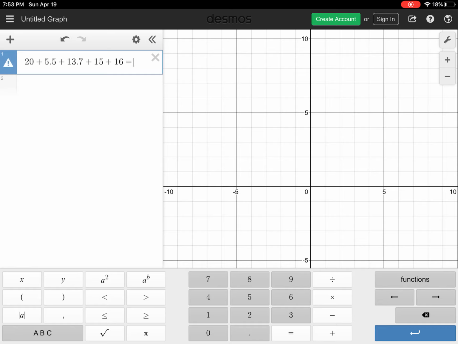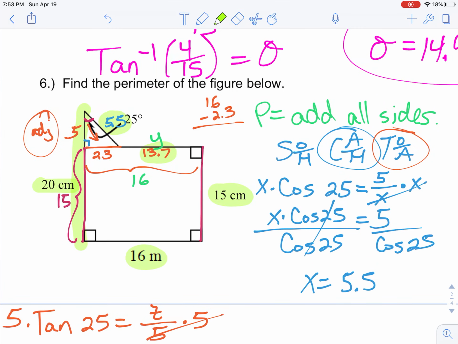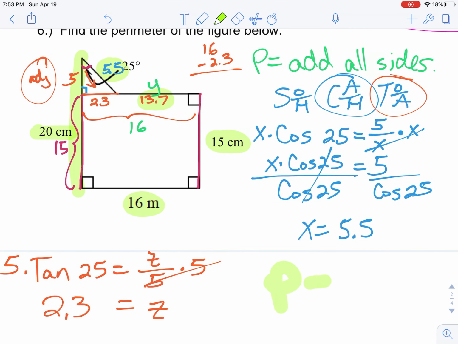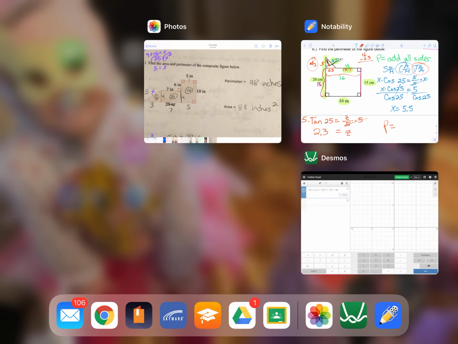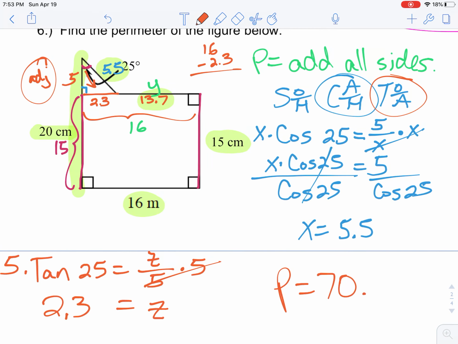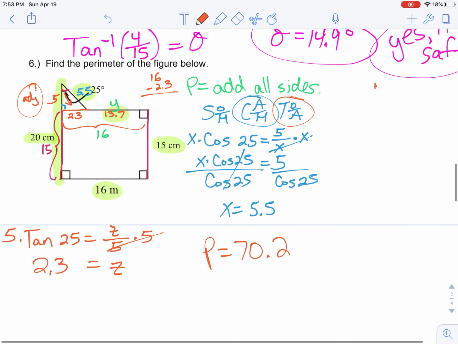Equals 70.2. So the perimeter is 70.2 centimeters squared.